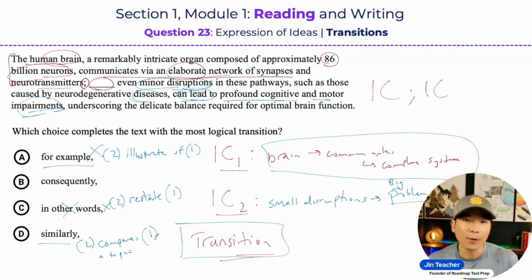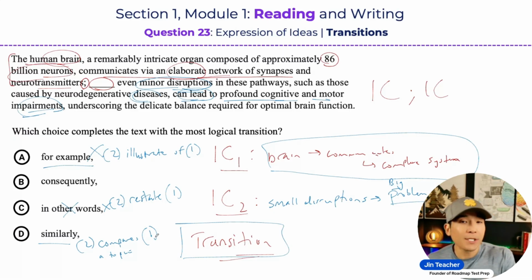So for example, if the first sentence said, "Jack likes chocolate chip cookies," and then I say, "Similarly, Jill likes sweet candy," they're giving you a comparison of two different people, but comparing them in a similar way. They both like junk food, they both like sweet things, they both like things that aren't healthy for you.